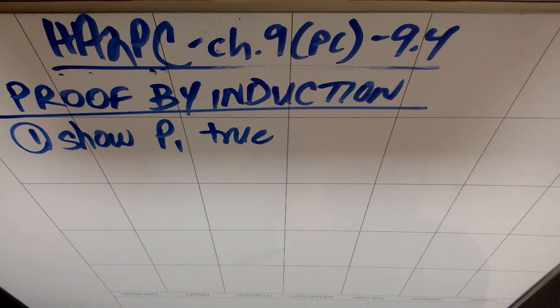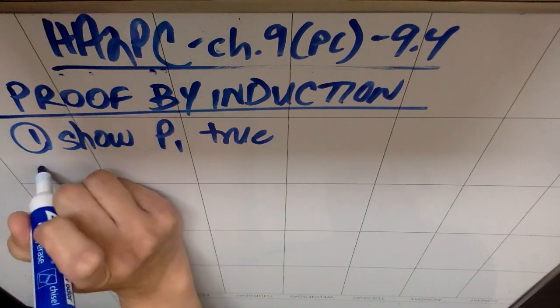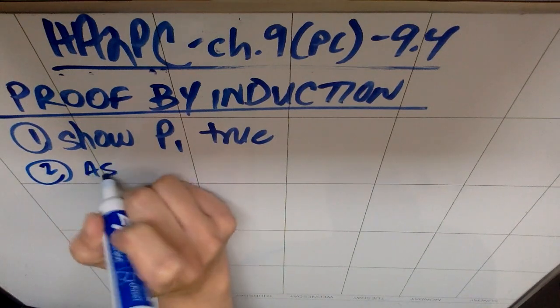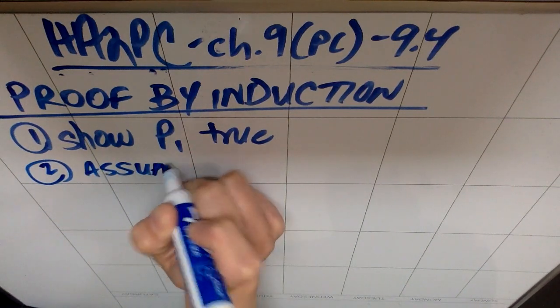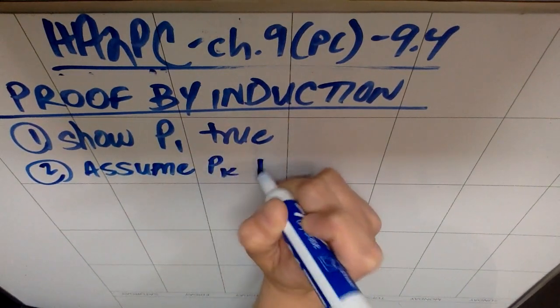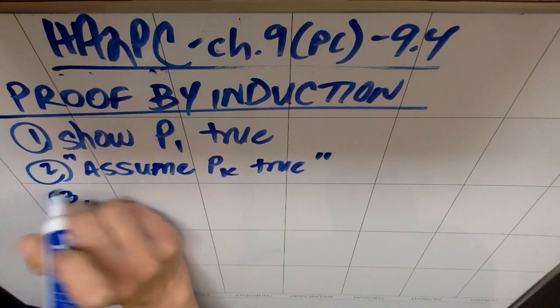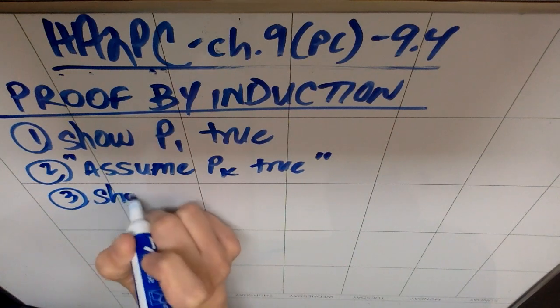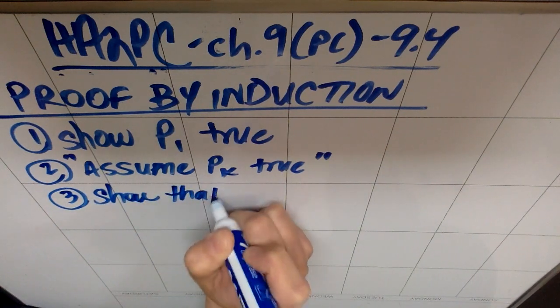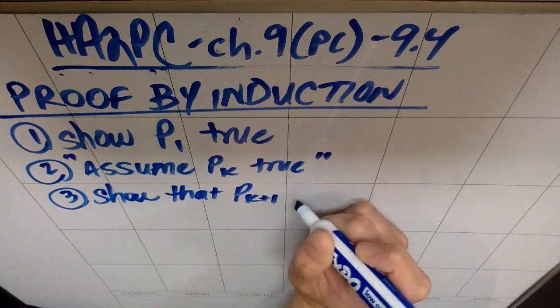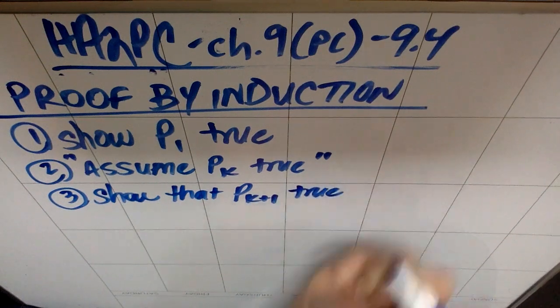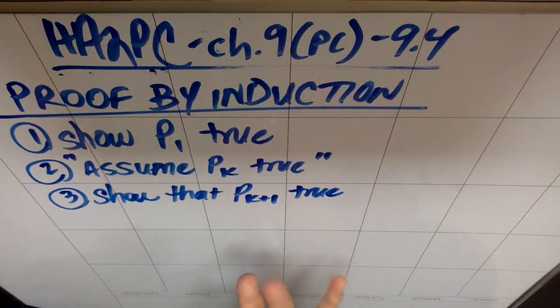Usually it's for n greater than or equal to 1, so it's usually P sub 1. The second thing is we're going to assume, and we're actually going to write this, that P sub k is true. Then we're going to show that P sub k plus 1 is true. Those are the three steps I need to take.